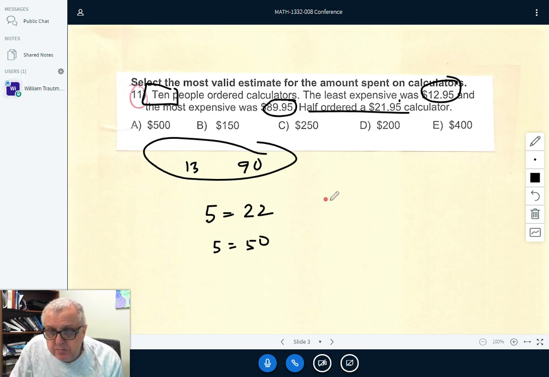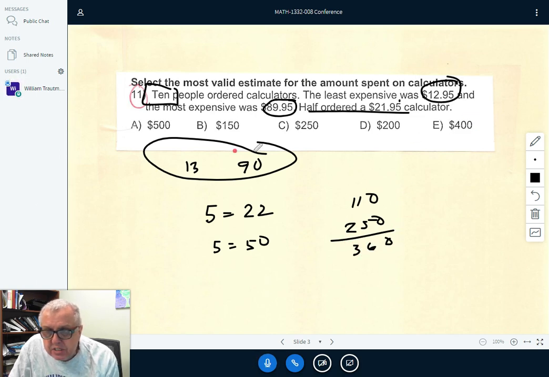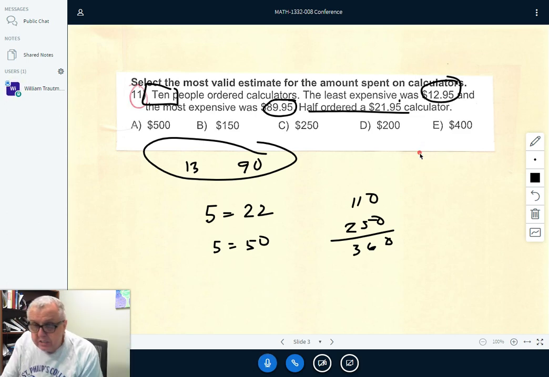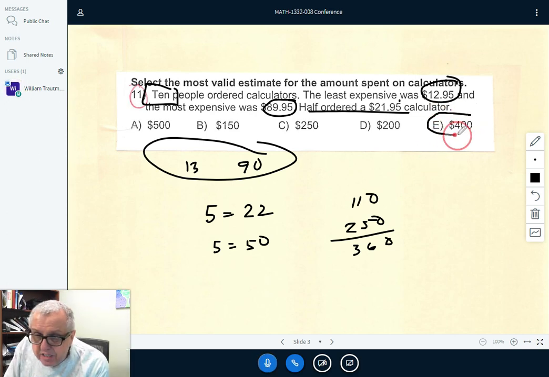So 5 times 22 is 110, and 5 times 50 is 250. I'm going to say the answer is somewhere around $360, which is the closest to E in this case.